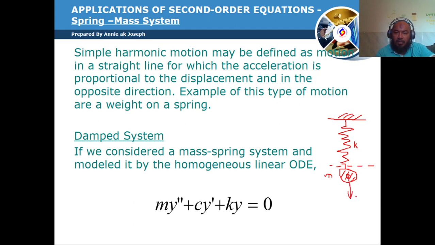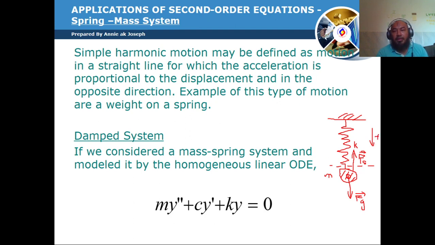So we have Fg, this is the force by gravity, and another one is the force of the spring itself, correct? Let us say this is Fs.